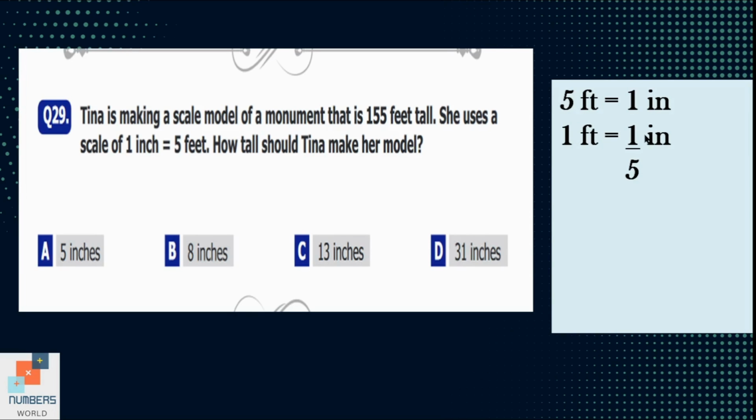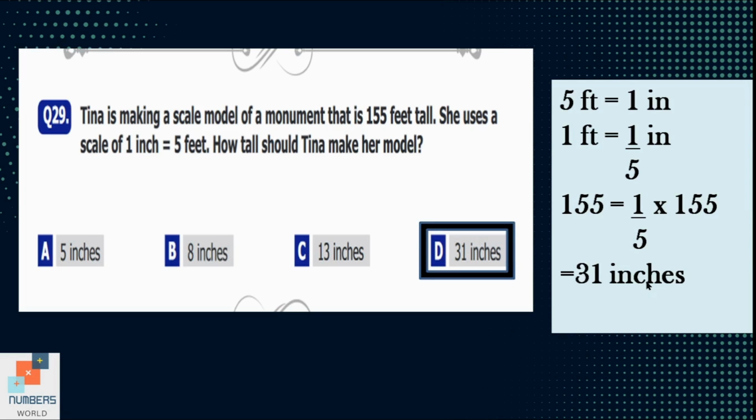To find out the number of inches for 155 feet, we will multiply the fraction by 155. That is equal to 31 inches. So she will make 31 inches tall model for 155 feet tall monument. Option D is the correct option.